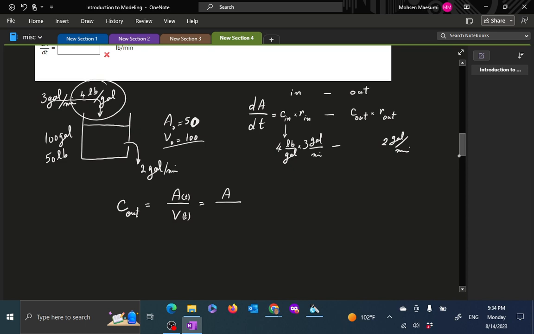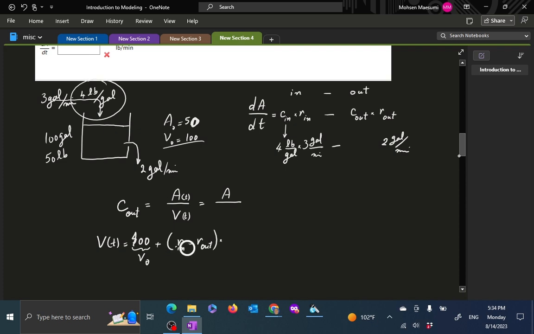So volume at time t starts with the volume at the beginning, this is the original volume. And then we have the rate that is coming in minus the rate that is taken out. 3 comes in, 2 leaves.